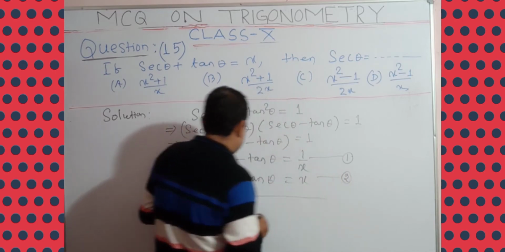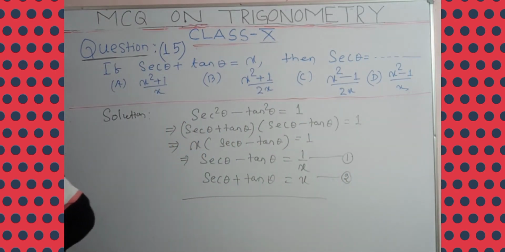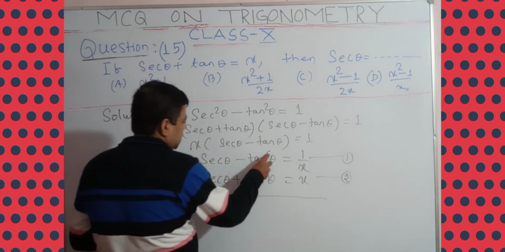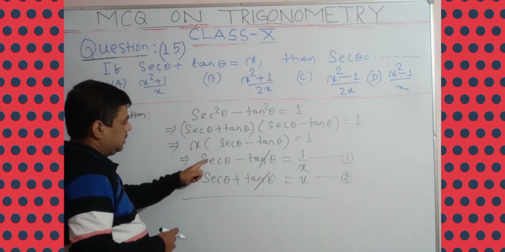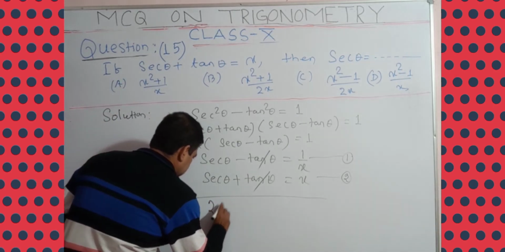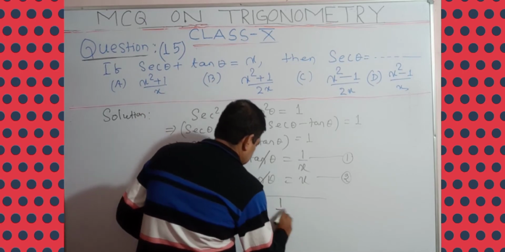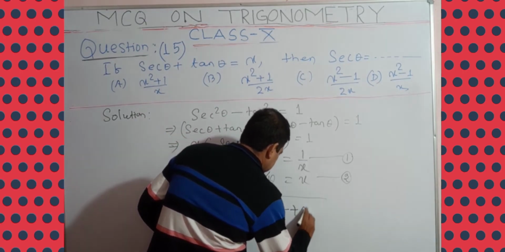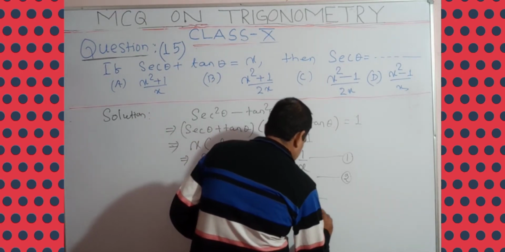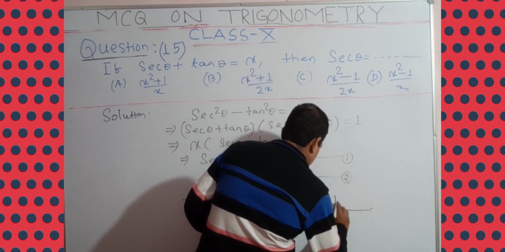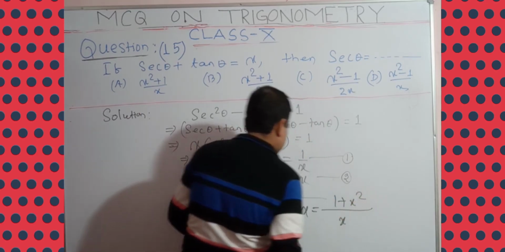Suppose this is equation 1 and equation 2. Let us add these two equations. After adding, minus tan theta plus tan theta will be cancelled, and sec theta plus sec theta is 2 sec theta, and it will be 1 upon x plus x, which, if you take the LCM, will be 1 plus x square over x.